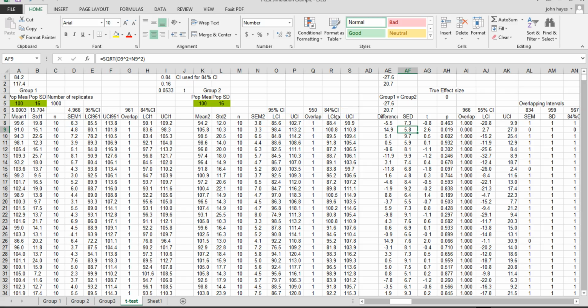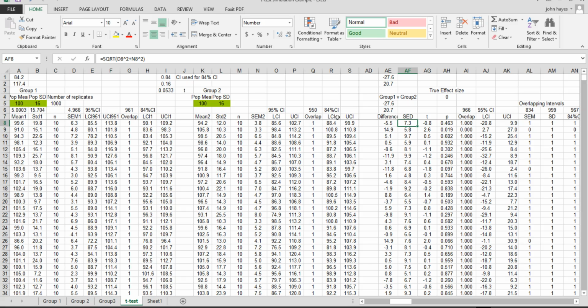Once we have the standard error of the difference, a t-test is an estimate of a parameter divided by its standard error. You can do this with kurtosis, skewness. We're doing it here with the difference between means. You can do regression coefficients. Well, not correlations, but you can do regression coefficients.